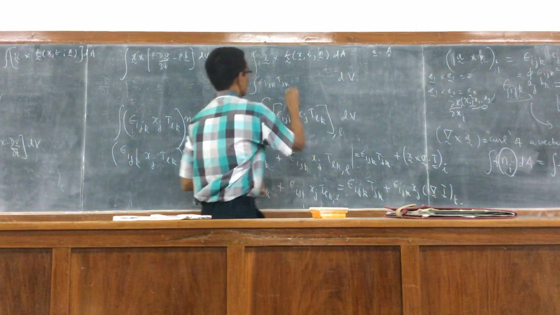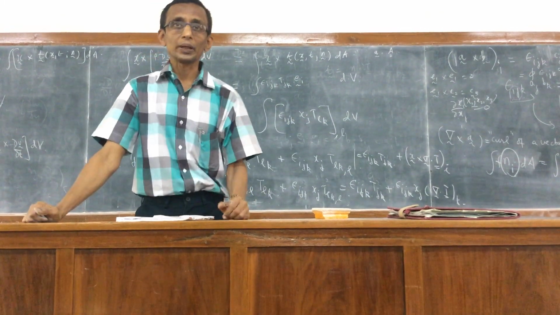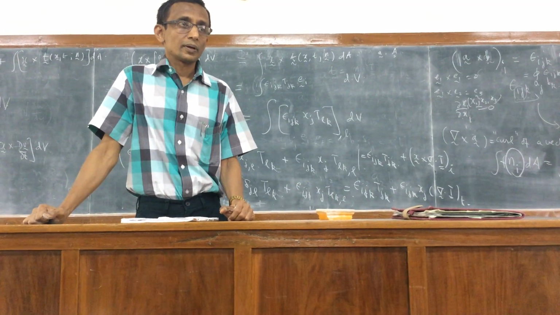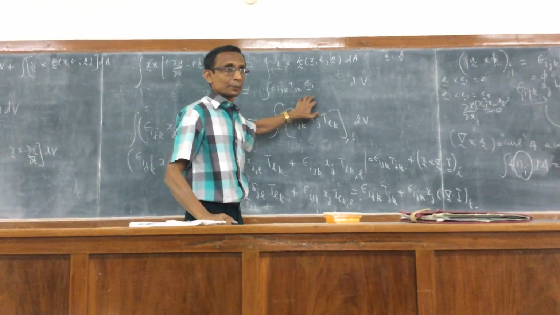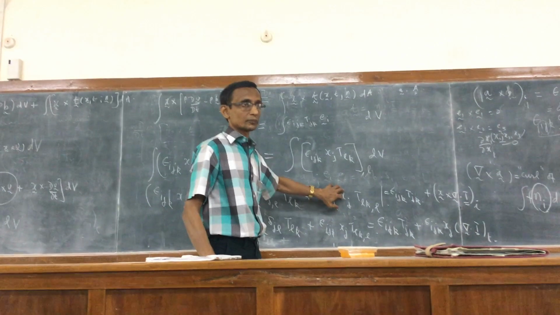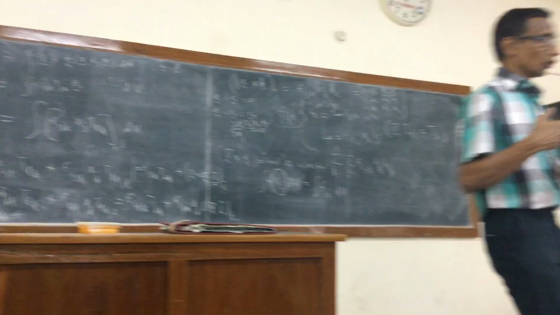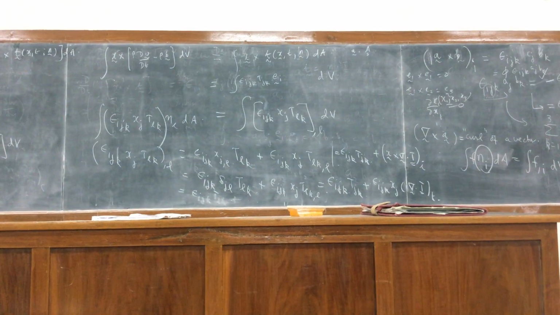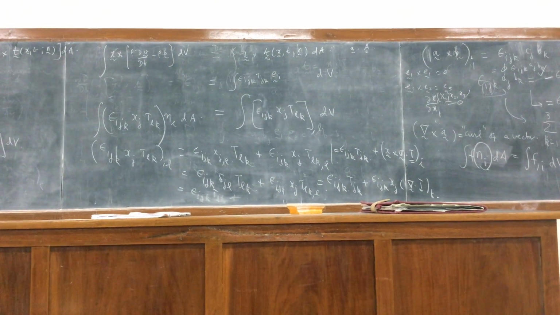So clearly, if we want to write a full vector, that would be e_i. I have to add that because that's the ith component. I am getting a scalar. That's the ith component of the full vector. The full vector is obtained by simply taking each of the components and then multiplying by the corresponding unit vector.